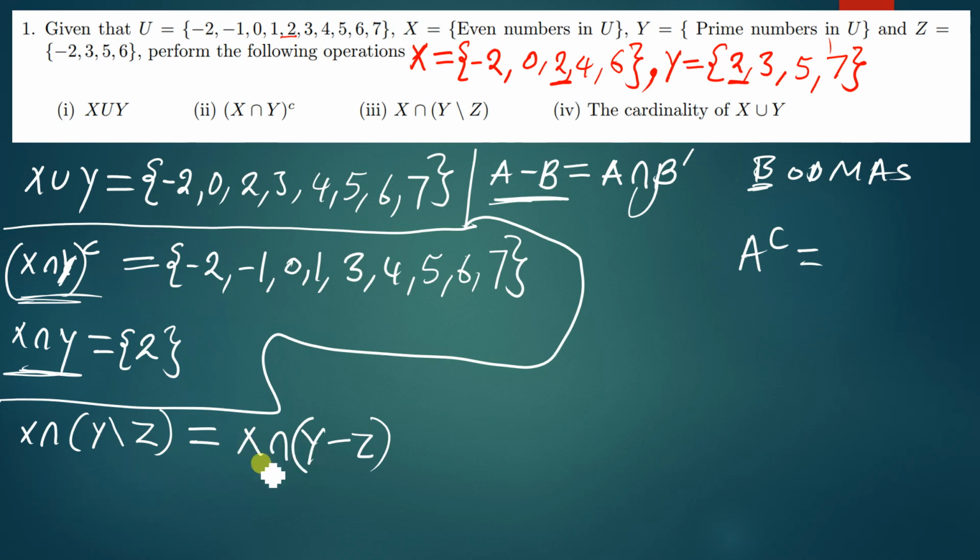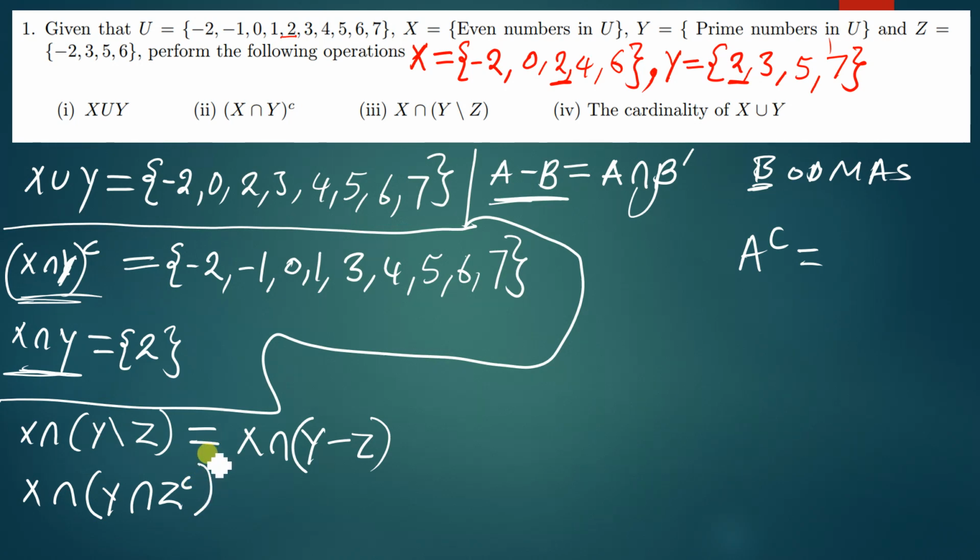So what I'm trying to say is that this can be written as x intersection, open brackets, y intersection z complement. So that's what it means.